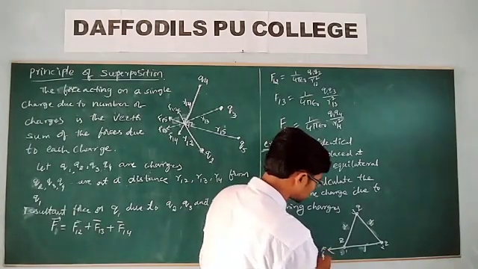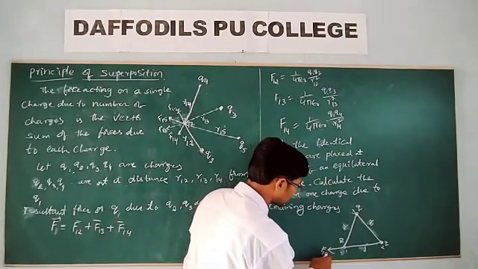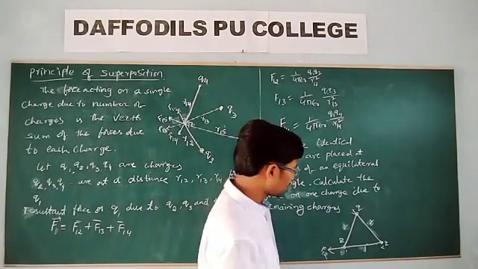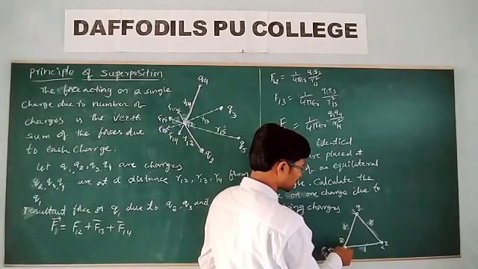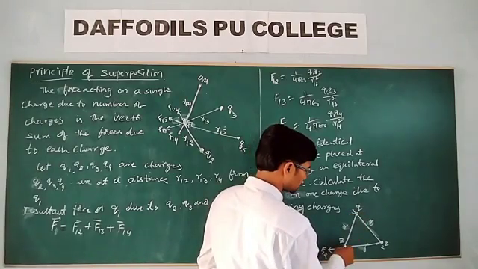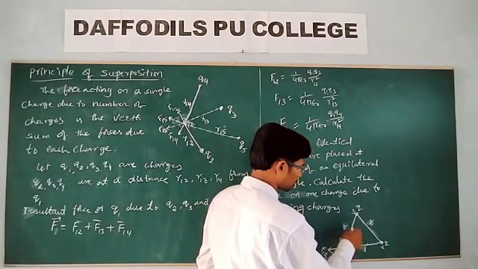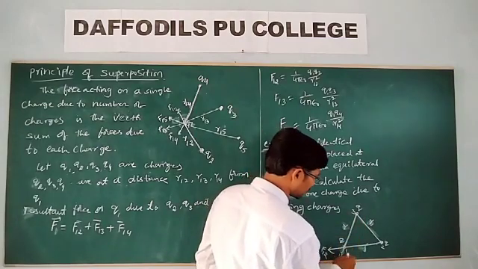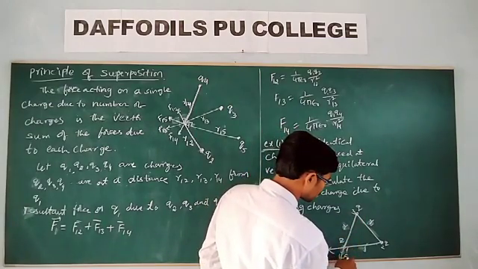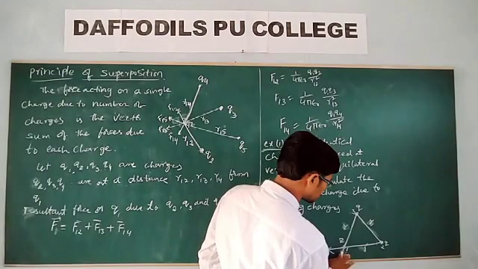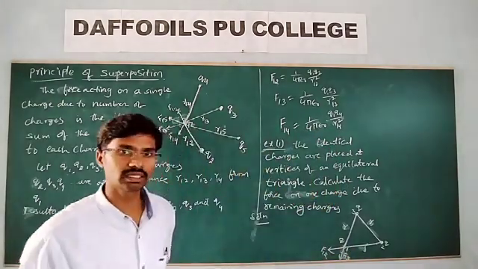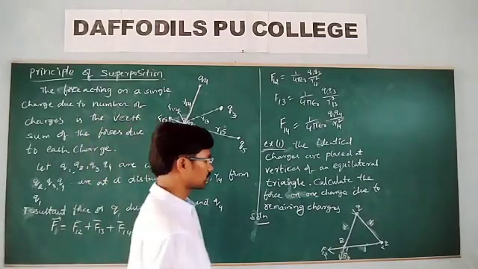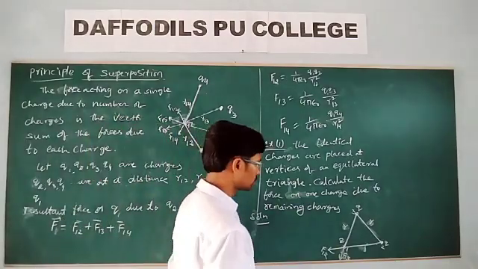F1 is the force acting on the first charge due to the second charge. Similarly, due to the third charge, the direction is outward, because like charges repel. Then the force acting on the first charge due to the third charge.